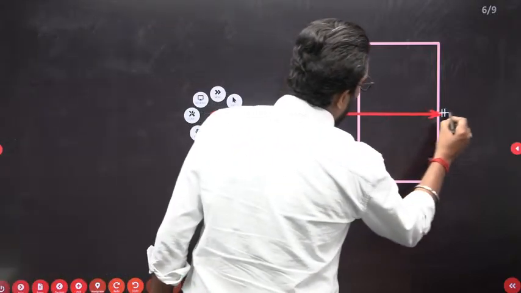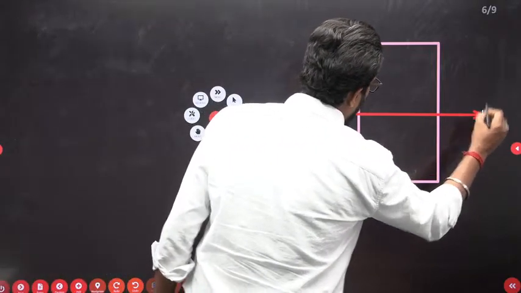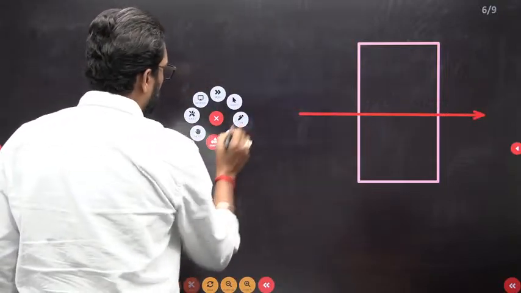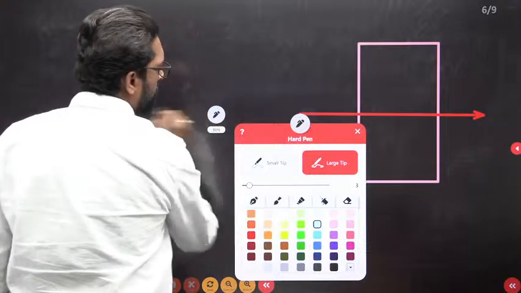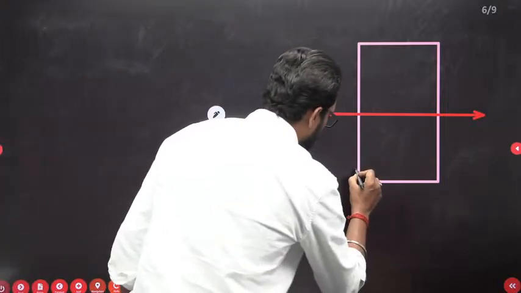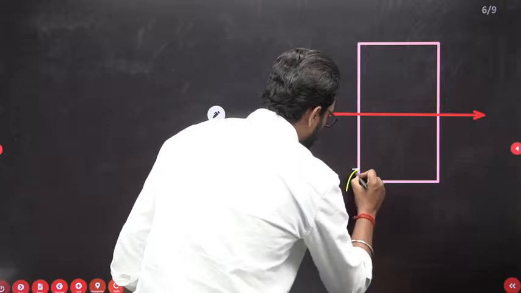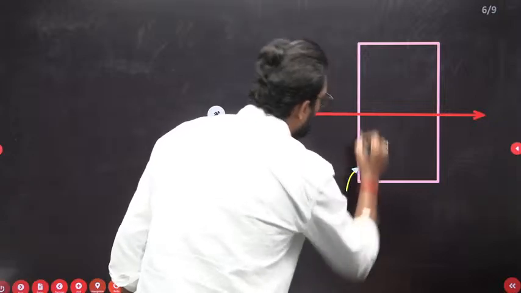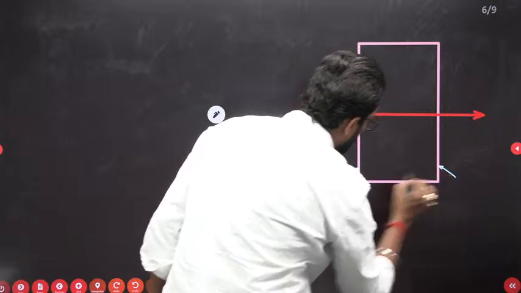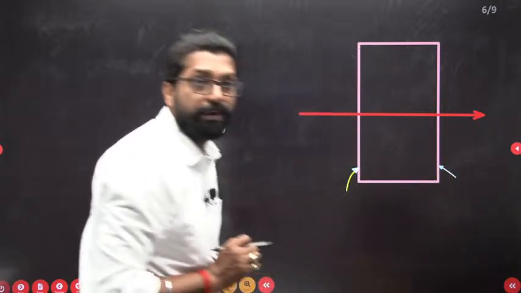This wall has two faces maintained: this is the inner face, and this is the outer face.